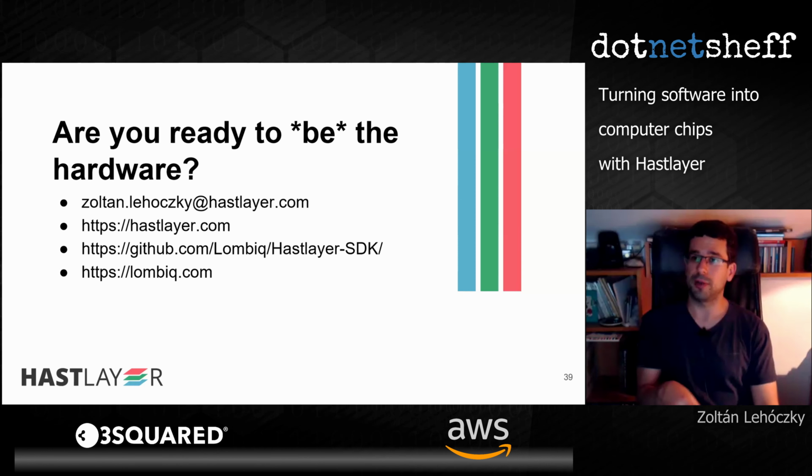Actually, the board itself has some RAM on its own. So what you can do from Hastlayer is that you can use that RAM as kind of a fixed-sized array. When you, in the beginning, tell Hastlayer that you need this much memory for your algorithm altogether, then you have that memory and you can do whatever you want in that memory.